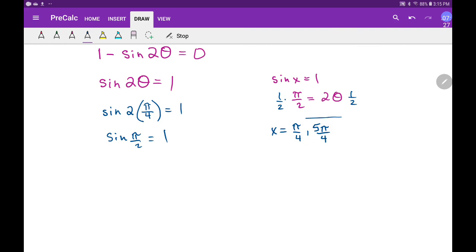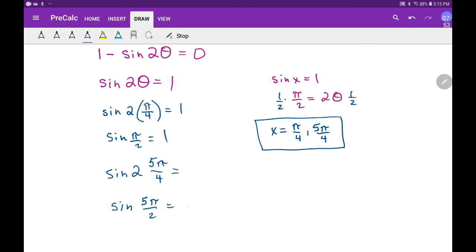And it does work out anyway. Let's see, if we plug in the sine of 2 times 5 pi over 4, we're going to get 5 pi over 2, and it just comes back around. It works.